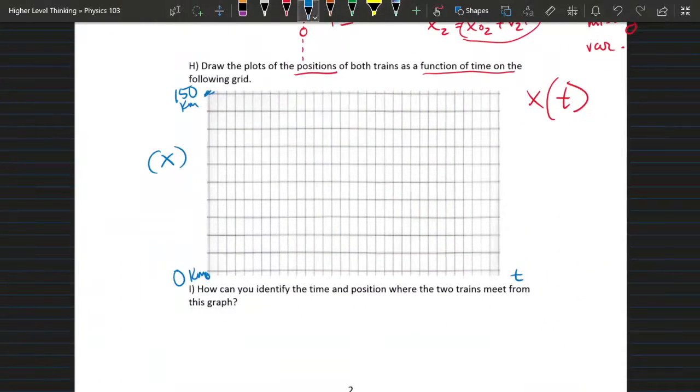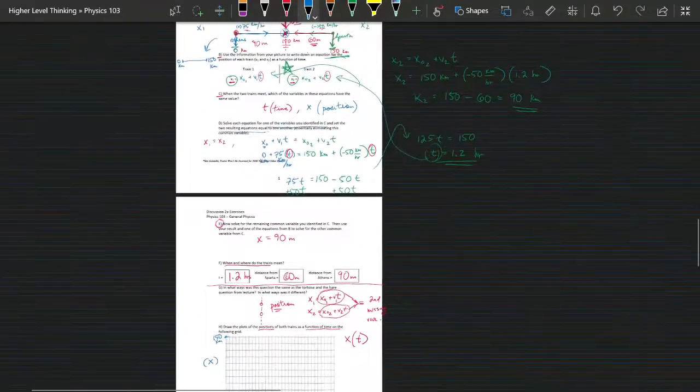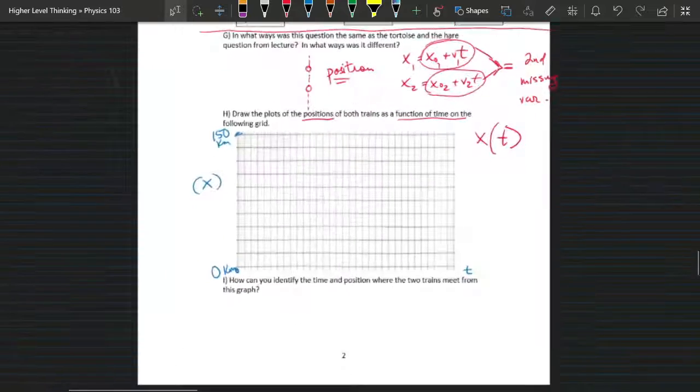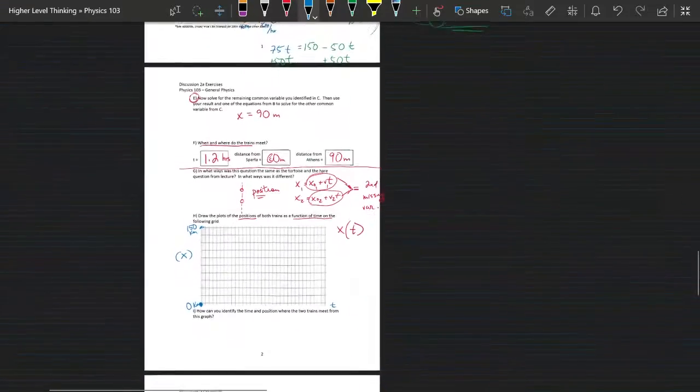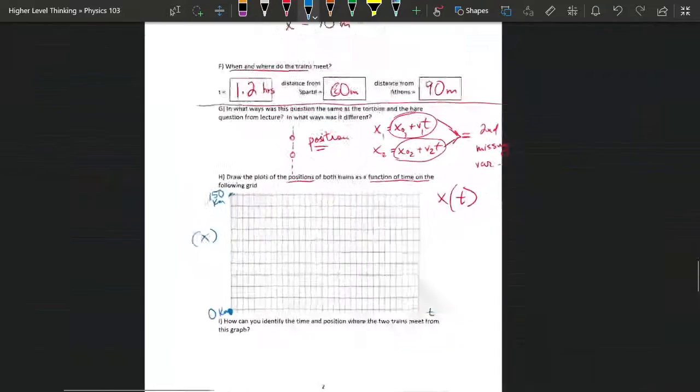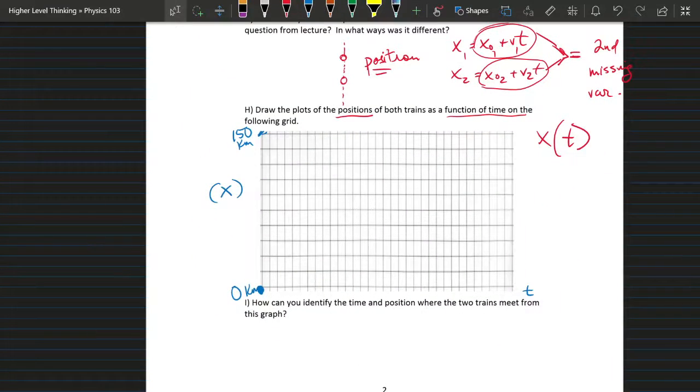So the Athens train started at 0 kilometers, and it moved at a velocity of 75 kilometers an hour. So the velocity, we know, is a function of time. Velocity is in units of kilometers an hour.